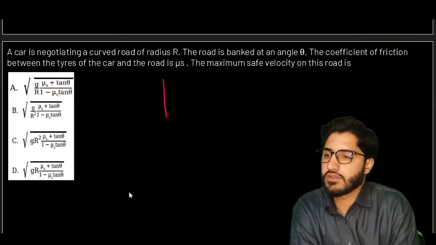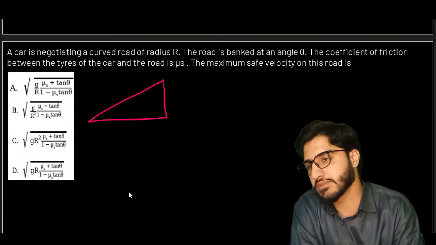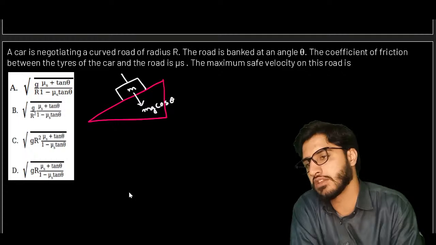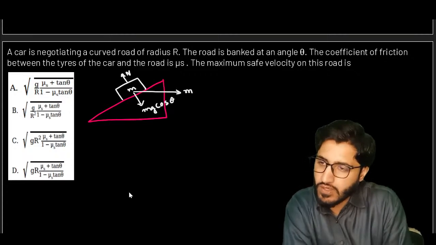So if this is my road, and this is my car with mass m, so this would be my what? mg cos theta. This is my normal reaction force N. Clear? And this would be my centrifugal force mv square by r. Done?